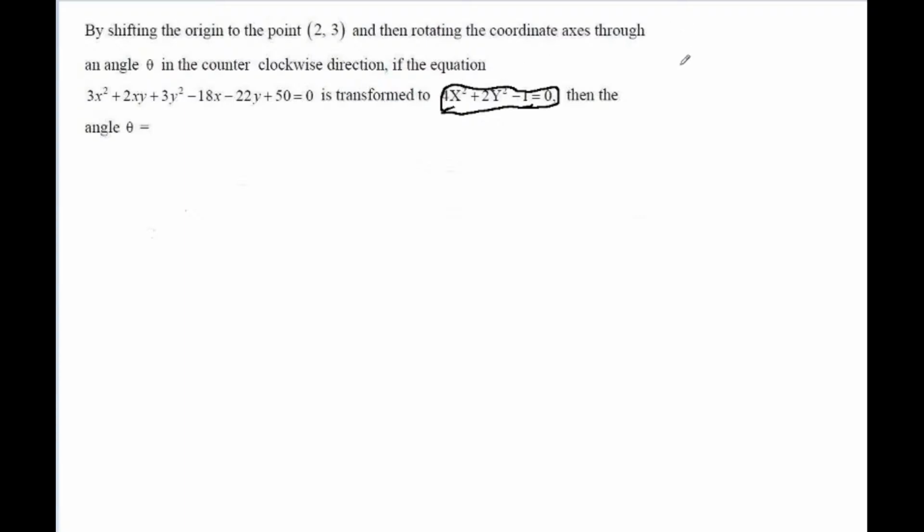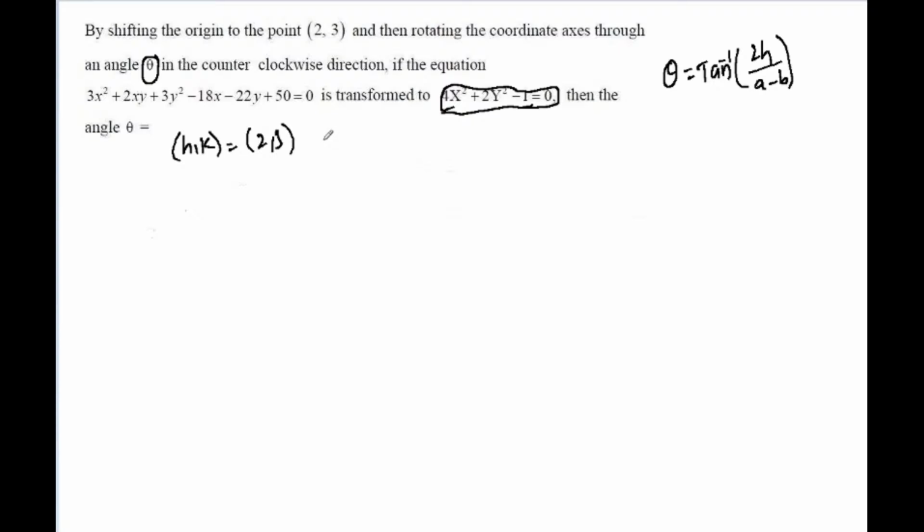The xy term is missing means theta is equal to half tan inverse of 2h by (a minus b). Here it is given that the origin is shifted to the point (h, k), that is (h, k) is equal to (2, 3), and the axes are rotated through an angle theta in the counterclockwise direction.